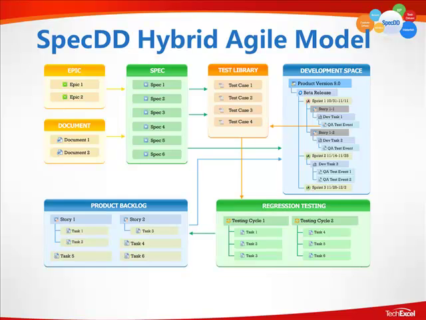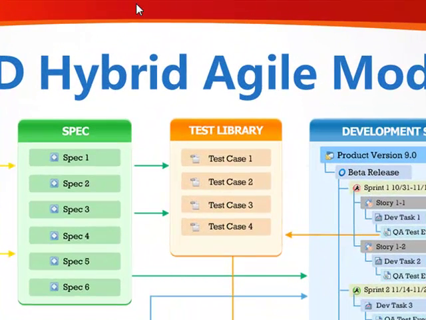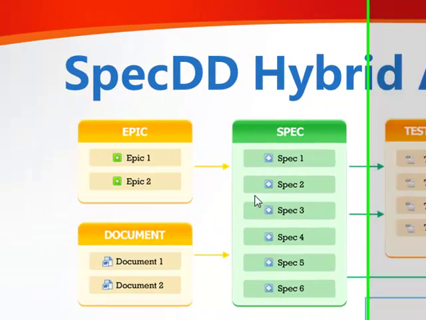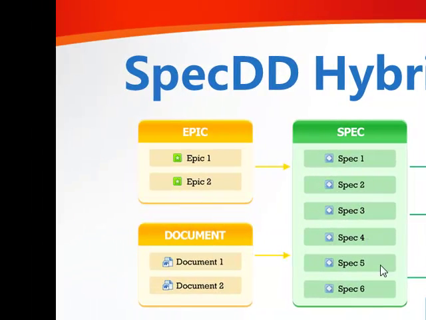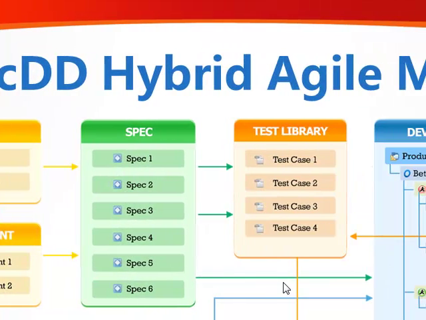This ties into the SpecDD distinction that, again, we are not taking the original requirement. We are taking an abstract of the original requirement. So our requirement, broken down into two specs within this green space, you'll see this green arrow links it directly to the development space.